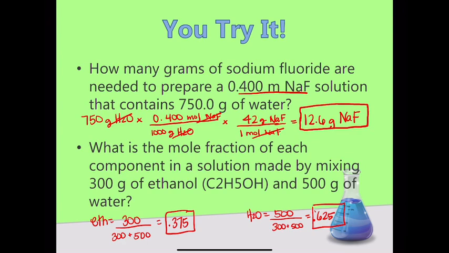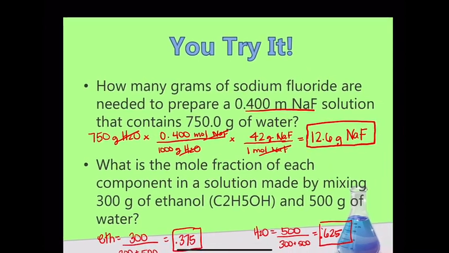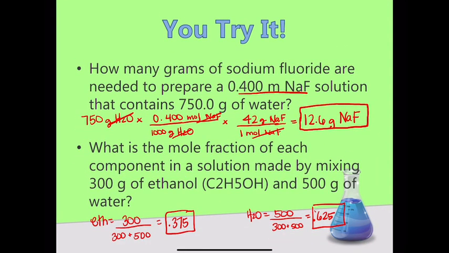Remember, we're doing dimensional analysis yet again here, and so keep track of what you're doing by crossing out. We crossed out the grams of water. We crossed out the moles of sodium fluoride. So then that last step there was to multiply by the molar mass of sodium fluoride, which I calculated to be 42 grams. And so when you multiplied that across 750 times 0.4 times 42, and then divided it by 1,000, I got 12.6 grams of sodium fluoride.